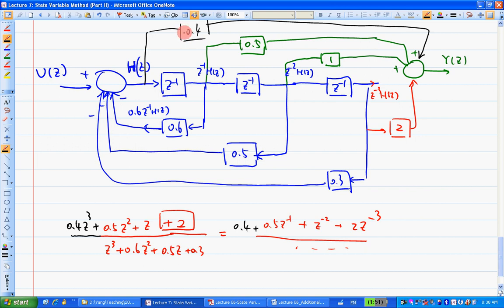We're going to derive the state space equation based on the simulation diagram, not a difference equation. So here's one way of doing it. I'll erase this portion here temporarily.